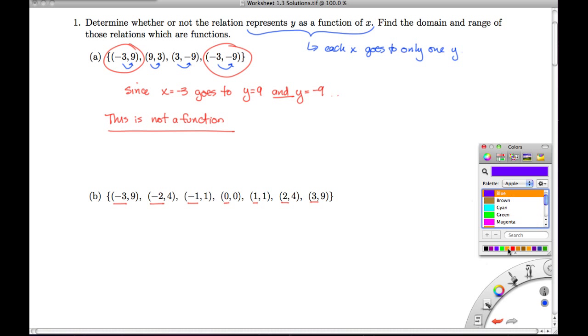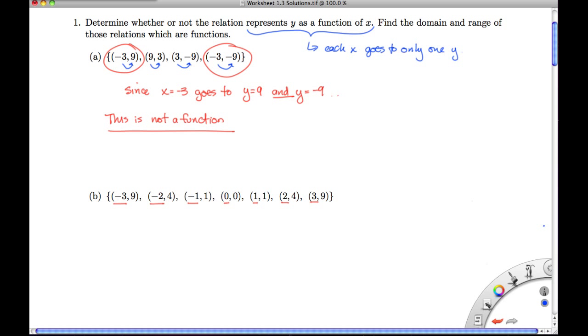And if we look at the y coordinates that each of these x's go to, we've got x equals -3 going to +9, -2 goes to 4, -1 goes to 1, 0 goes to 0, 1 goes to 1, 2 goes to 4, 3 goes to 9. And we see that every single one of these x's is only going to one unique y value. And since there's no overlap, since there's no pairing off into two different places, we have a function.